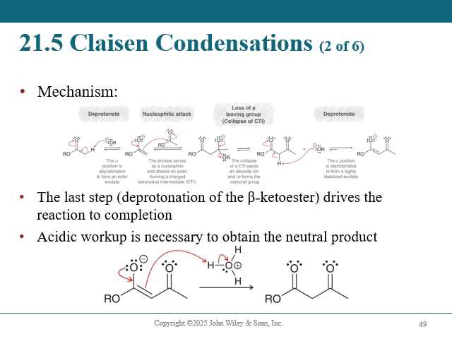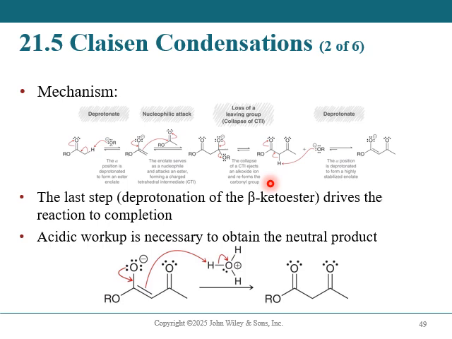Let's take a look at that mechanism. The mechanism will start off with a deprotonation of that alpha hydrogen, followed by a nucleophilic attack. In this case, the enolate serves as a nucleophile and attacks an ester, forming a charged tetrahedral intermediate. Now, once that happens, you will have a loss of the leaving group right here, or the collapse of that intermediate.